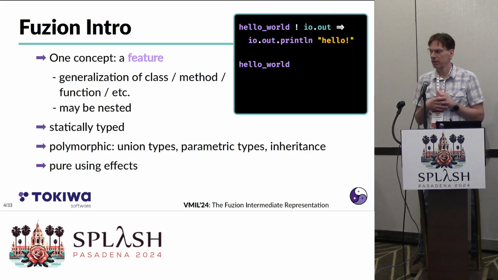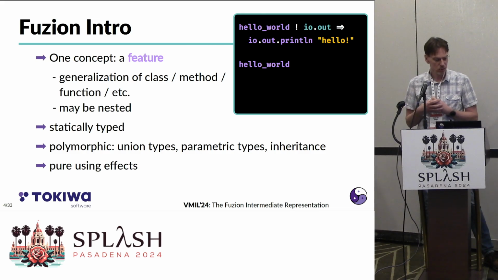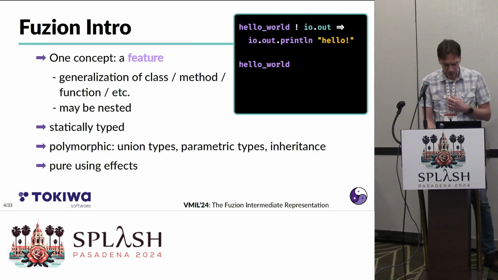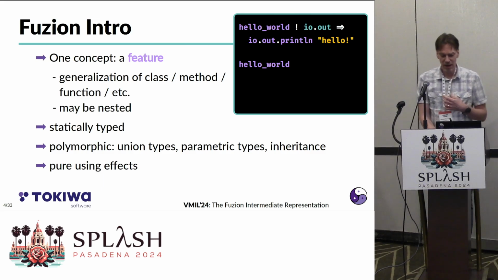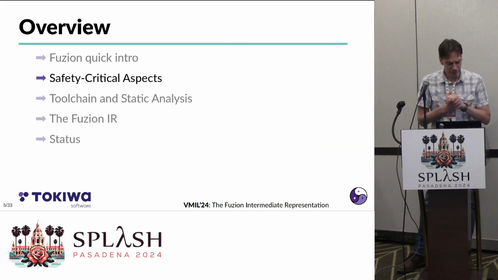And Fuzion is a functional language. It is pure and uses effects, algebraic effects, to model non-functional as impure aspects. Like in this example where IO out is an effect used by this small hello world example.